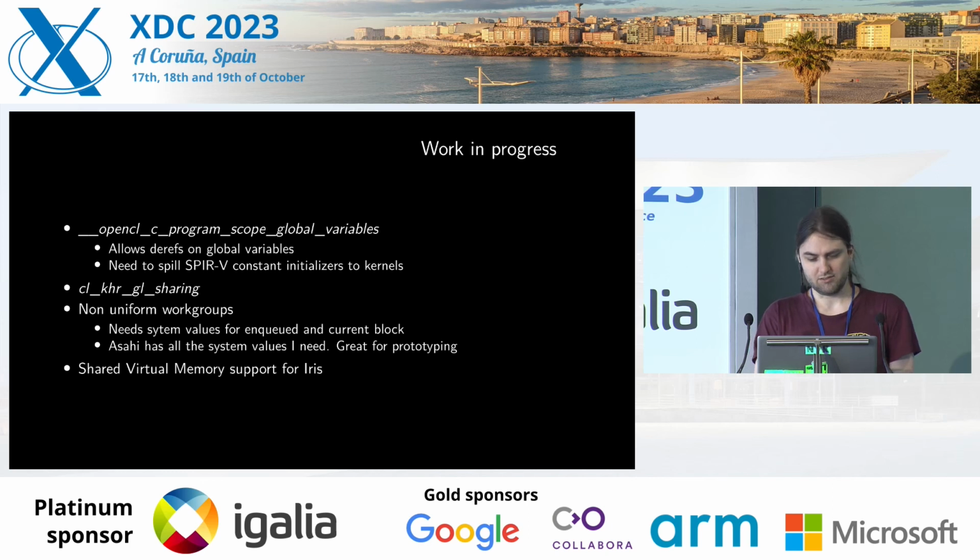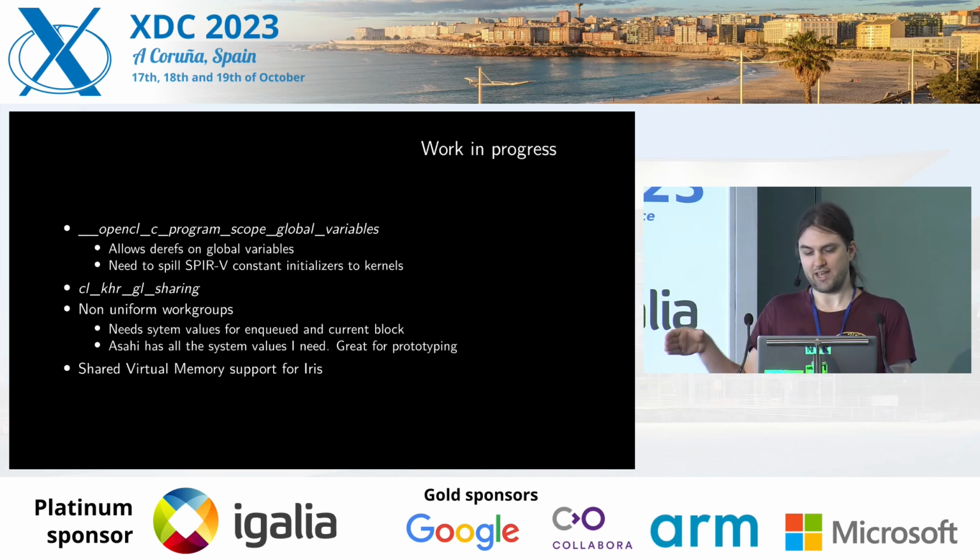I've also looked into non-uniform workgroups. Some drivers are a little bit constrained on what system values they provide inside their kernels, and what's really specific about this feature is that instead of having a fixed block size for all your compute jobs, a block size can change depending on where this block lives inside the compute job.